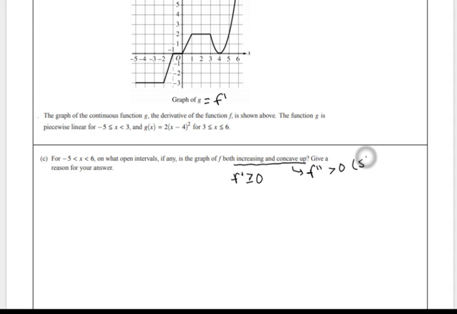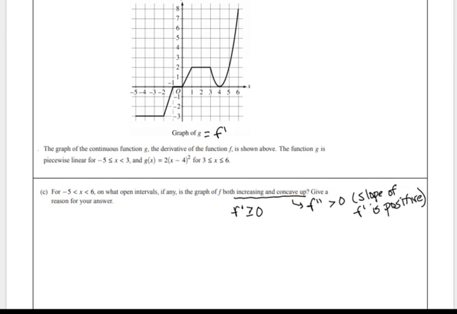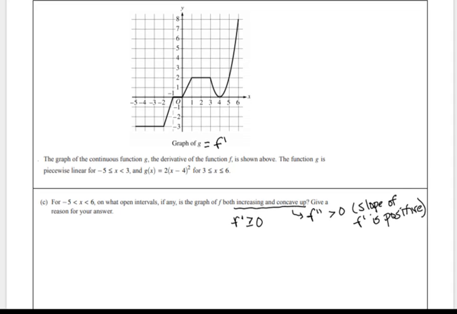And we know that that means the slope of f prime is positive. So we want it to be increasing and concave up. So we want to be above the x-axis and have a positive slope. So above the x-axis with a positive slope.